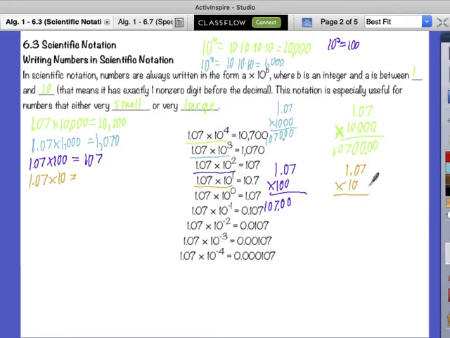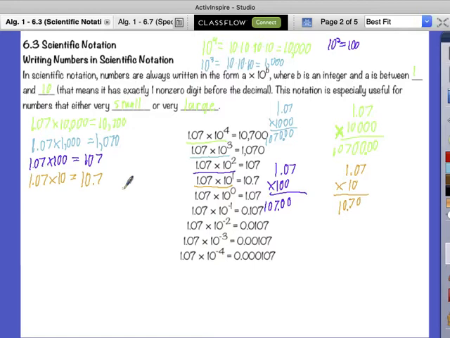How many zeros do we write down here? One. 0 times all this is 0. What's 1 times 7? 7. 1 times 0, 1 times 1. How many numbers behind the decimal? So it is 10.7.